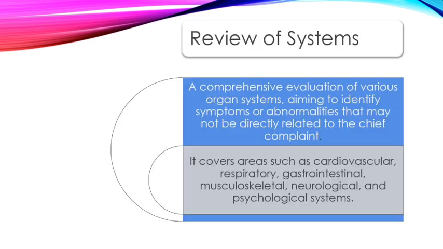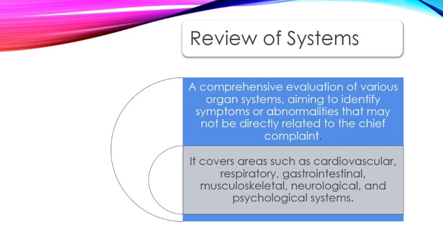After you have completed your history, the last bit of information that you need is a review of systems, in which a comprehensive evaluation of various organ systems aims to identify symptoms or abnormalities that may not be directly related to the chief complaints. For example, a patient presented with fever, now you have to search for the causes of fever.